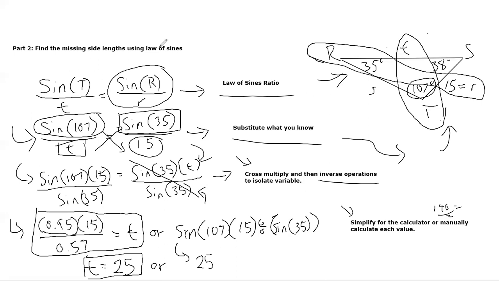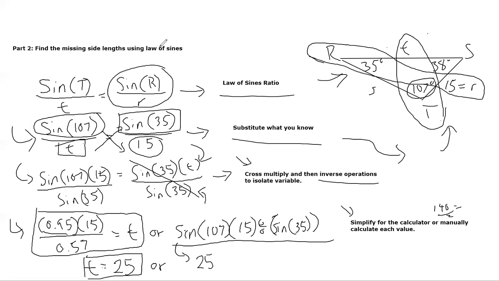Type it in exactly the way you see it right here: sine, parentheses, 107, close parentheses, open parentheses, 15, close parentheses. Look for the division symbol, and then open a parentheses again. Then put sine, and a parentheses should pop up, and you put 35, close parentheses. And you should get 25. The calculator does all that for you.